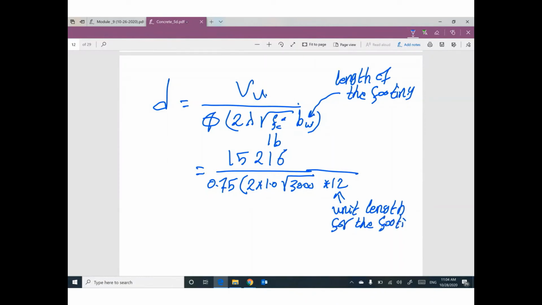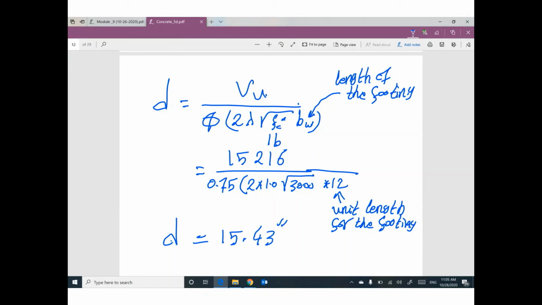Let's see what is the value of depth. So 0.75 times 2 times square root of 3,000, the result is 15.43 inch.